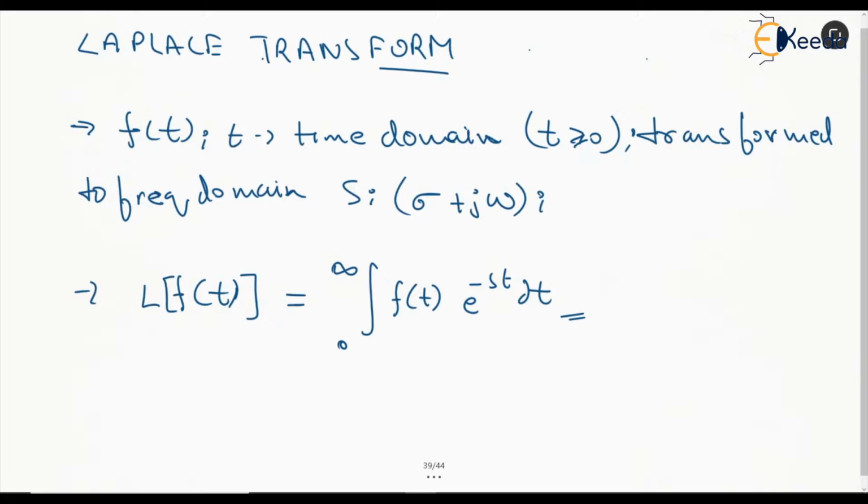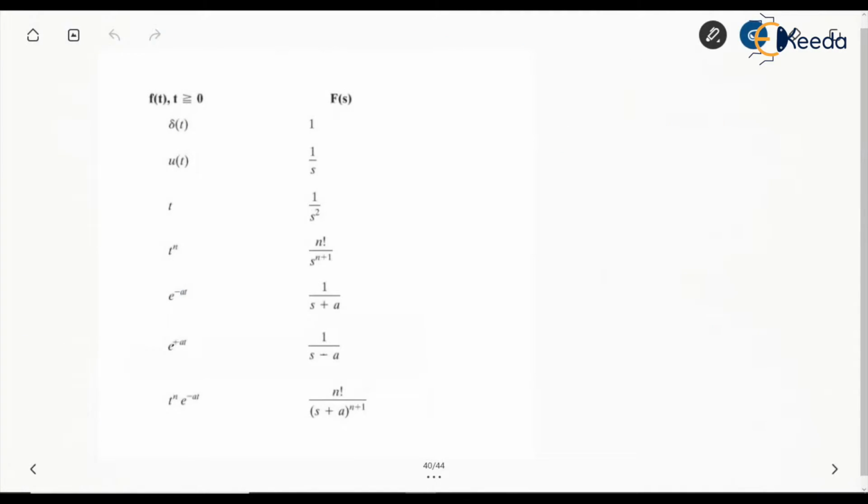So we will move to see some of the standard transformations so that we don't have to derive it or solve it in the question, rather we can directly use it. The first one is some of the basic ones. First one is impulse signal, if it is required or if it is in your syllabus. This impulse signal has Laplace transform as 1.